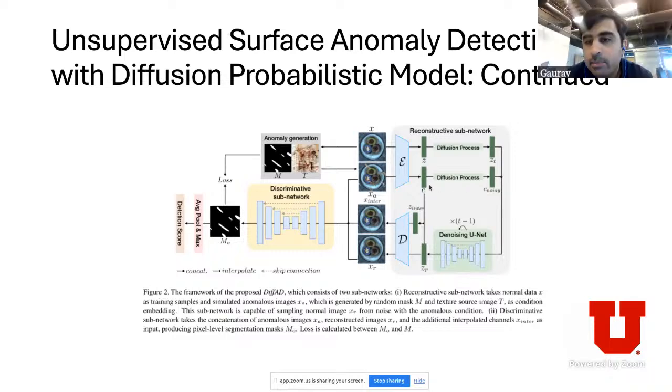Yes, I think that's the point being made: even when the network is given a noisy condition vector, which corresponds to a simulated anomaly, even in the presence of such a vector, it's able to reconstruct the normal sample.